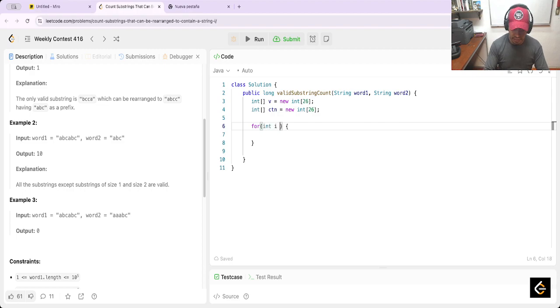integer I it's equal 0, meanwhile I it's minor 2 word 2 dot length, I plus plus, and here is b in the position word 2 dot char at in the index I less letter a plus plus, yeah, and that's it.